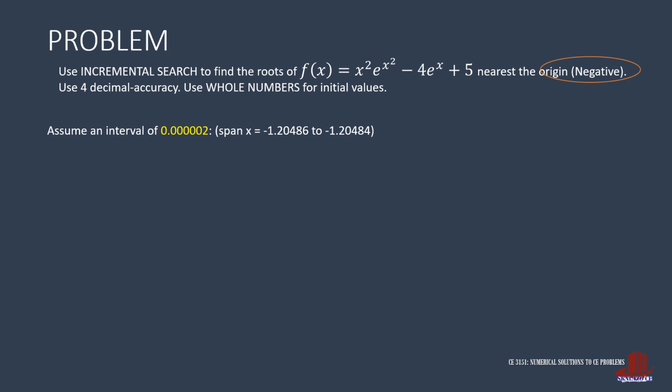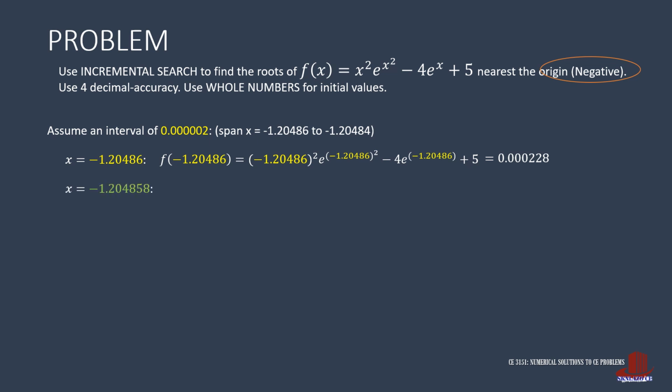0.0000002. The first increment makes x of negative 1.204858, where the function becomes the square of negative 1.204858 times e raised to negative 1.204858 squared minus 4e raised to negative 1.204858 plus 5.